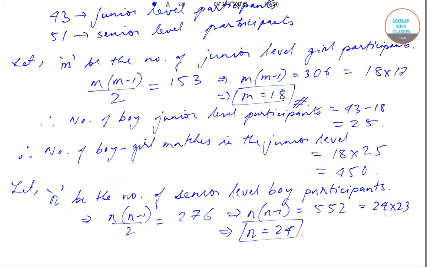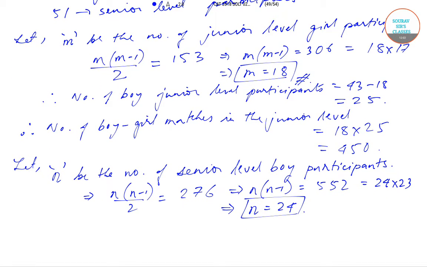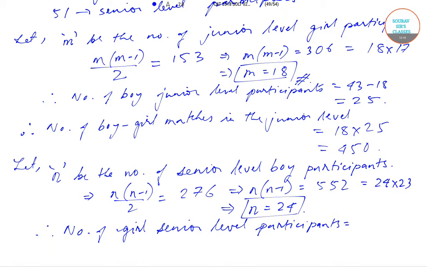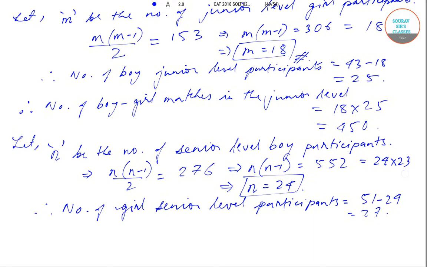So therefore the number of senior level boy participants is equal to 24, and this gives us that the number of girl senior level participants is therefore equal to, total is 51 minus 24, which is 27. So there are 27 senior girls.